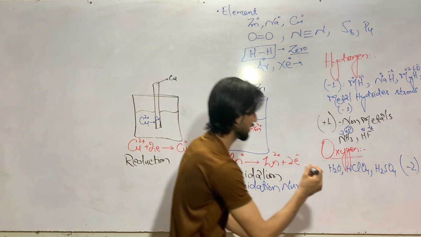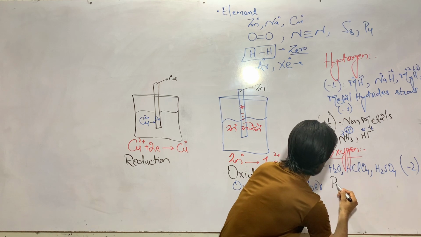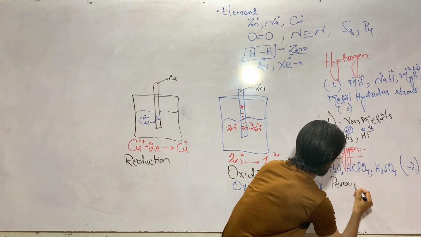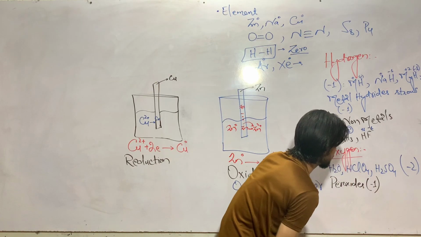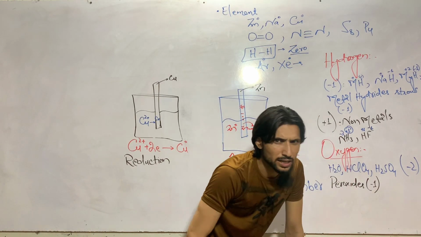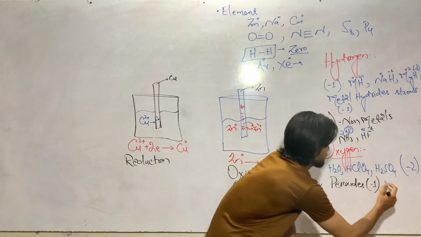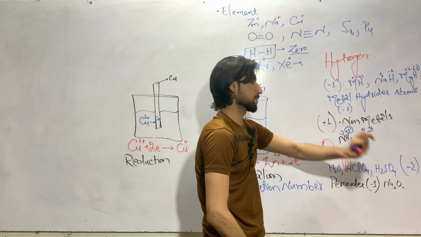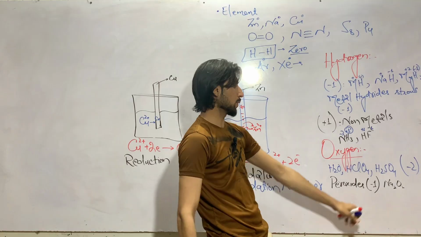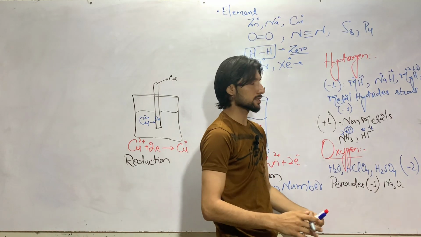The first one, I will talk about peroxides. In peroxides, oxygen shows -1 oxidation state. Should I give you an example? Be ready. Na2O2. We will talk about its preparation. How is it prepared? How is it formed?